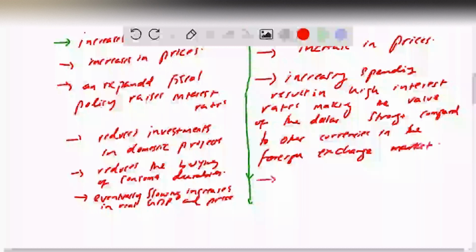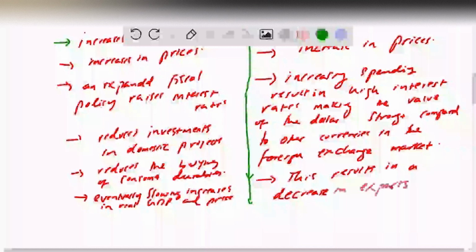This results in a decrease in exports, because it's much more expensive for outside countries to buy products from you if the dollar is stronger.